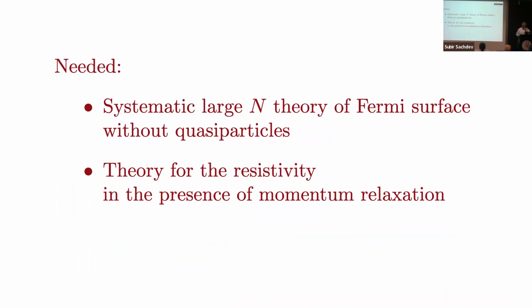All right, so there are two problems I pointed out. One is just even for the self-energy, we need something systematic. A systematic large N theory of the Fermi surface without quasi-particles. So this seems like an ideal, maybe some theorists care about it, we care about it. But it turns out, fortunately, if you solve this problem, as I'll argue, we also have some new ideas on how to solve the second problem.